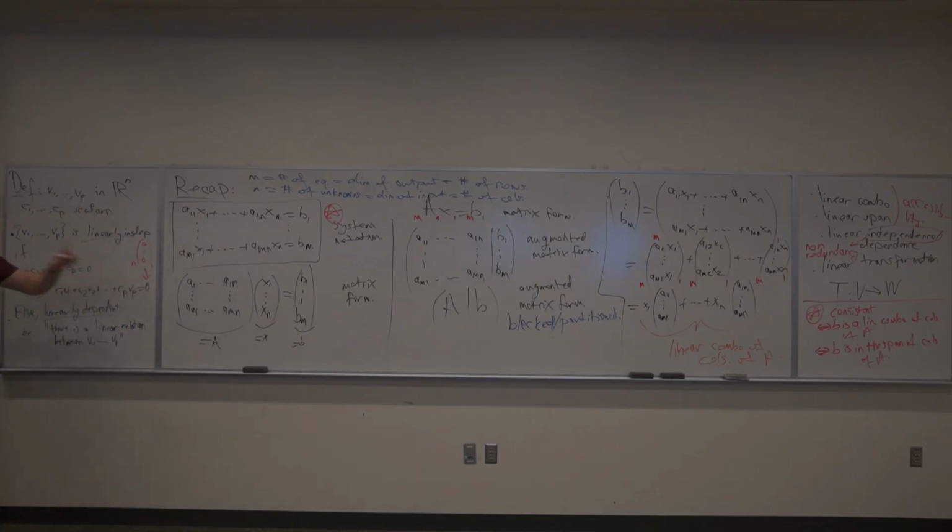This is the n by 1 0 vector. Any comments or questions? I'll do an example in a second. So this is the thing you need to figure out for linear independence.